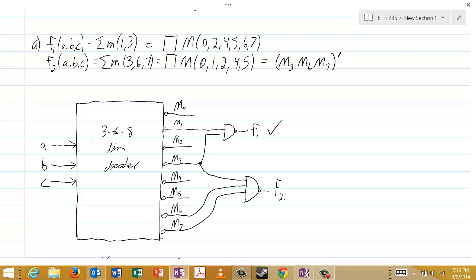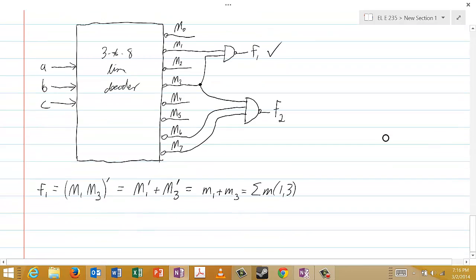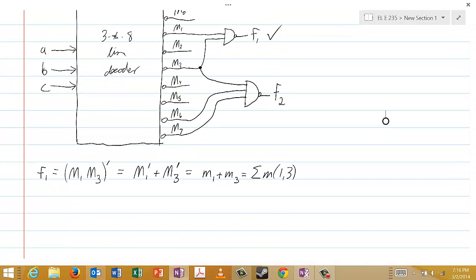So I hope that this kind of problem is straightforward and easy for you, and it's a good example of the use of decoders. And by the way, an encoder just acts in the inverse fashion to a decoder. So that's it for decoders.